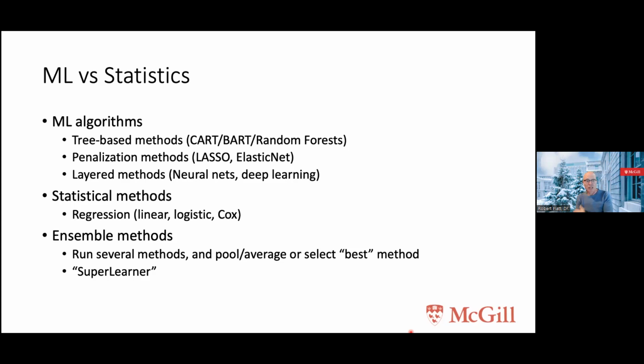There's lots and lots of methods that rely on penalization. So lasso being the most probably well-known example of penalization methods, basically says, if you have 100 covariates in your model, there's probably some chunk of those covariates where they don't matter that much to your model.